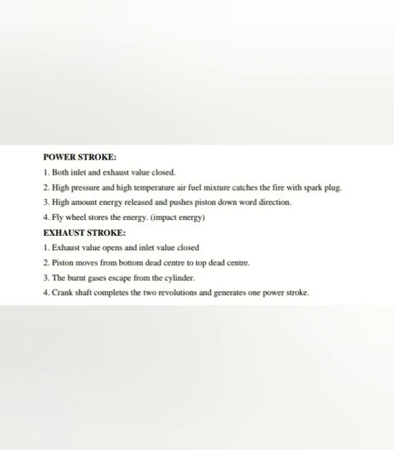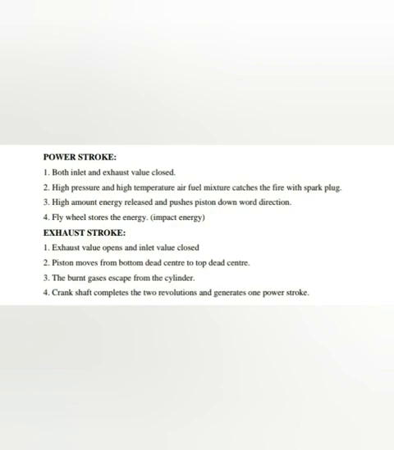The last stroke is the exhaust stroke. Towards the end of the expansion stroke, the exhaust valve is opened while the inlet valve remains closed. A part of the burnt gases, due to their own expansion, escape out of the cylinder through the exhaust valve.